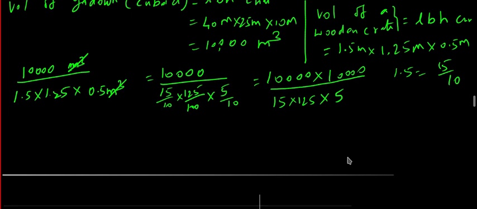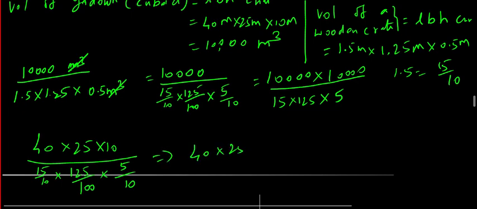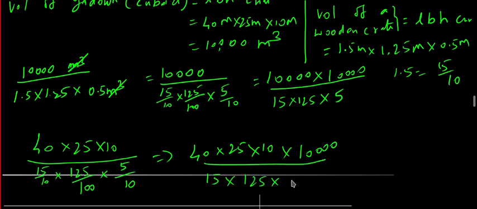Instead of multiplying, we can write directly this also in the numerator. So how will it come? 40 into 25 into 10 divided by 15 by 10 into 125 by 100 into 5 by 10. This is 40 into 25 into 10 into this denominator. If we bring it here, we will get 10,000 divided by 15 into 125 into 5.